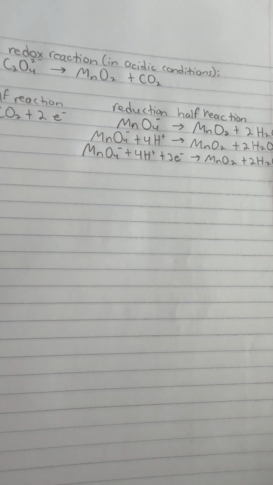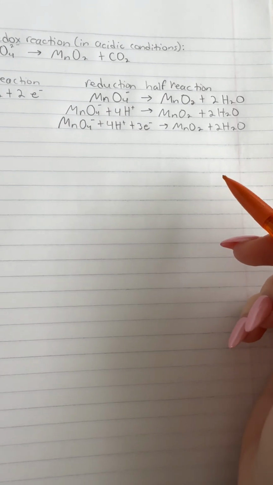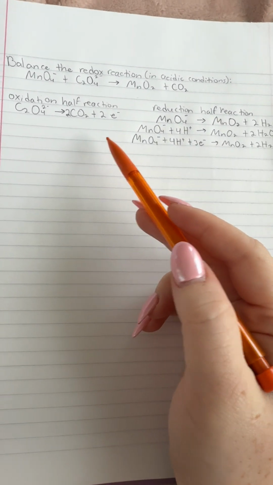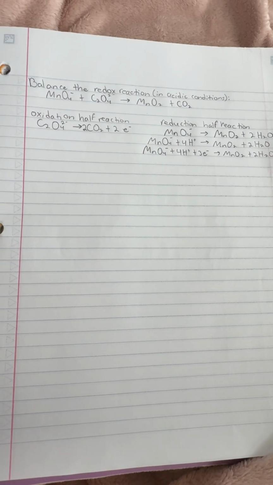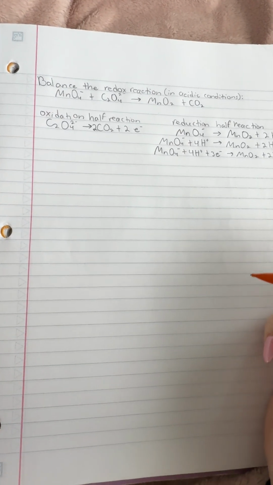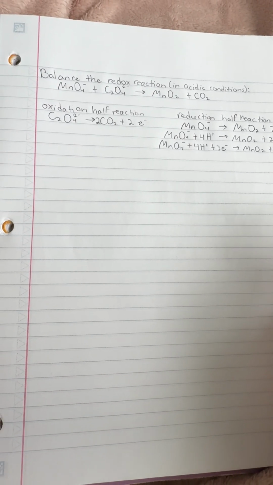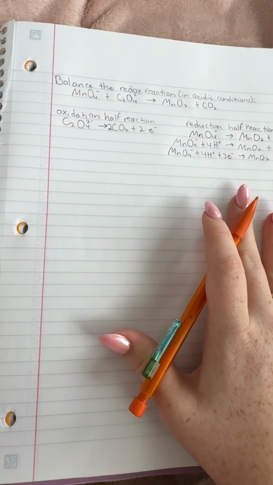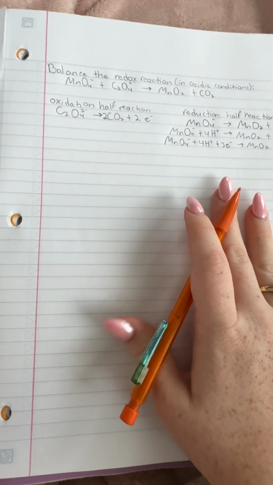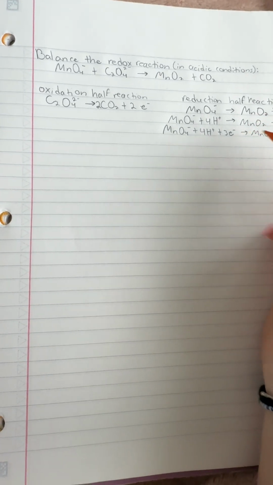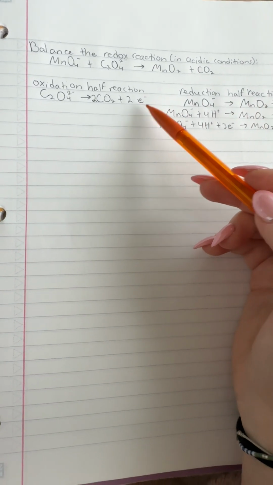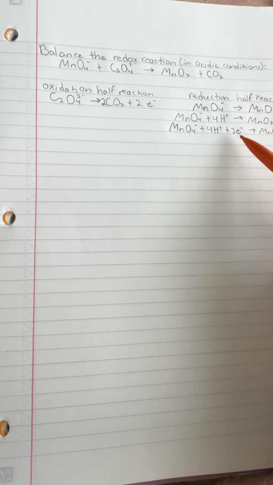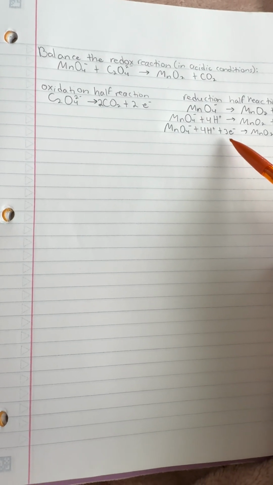And now that we have our 2 fully balanced half reactions, we'll need to add them together to give us our full reaction. But before we do that, we have to make sure that our electrons are equal on both sides. But here we have 2 and here we have 3. So we'll have to fix that a little bit.